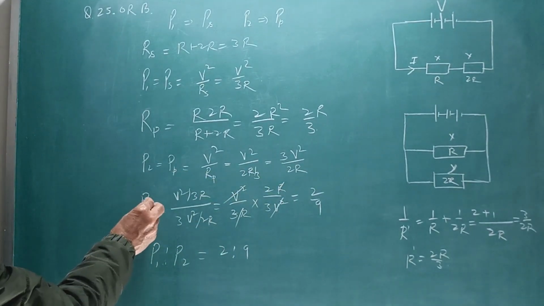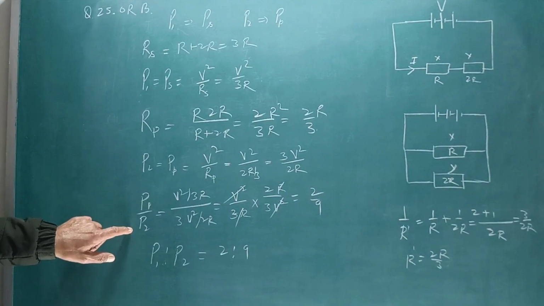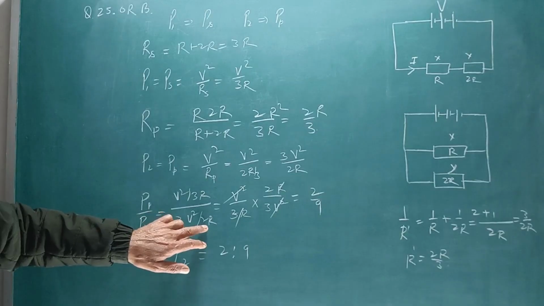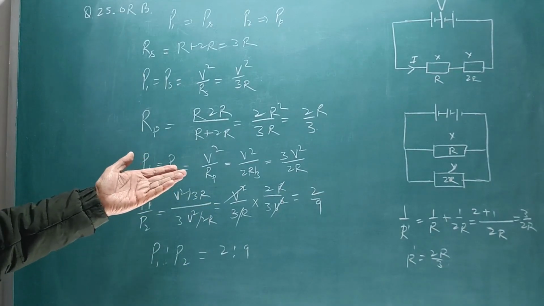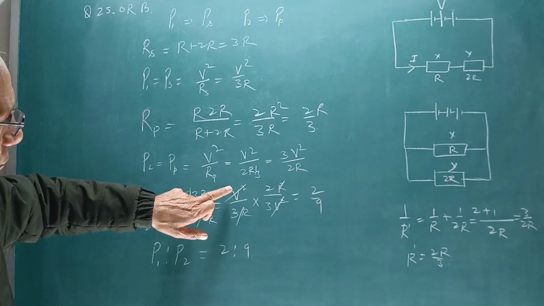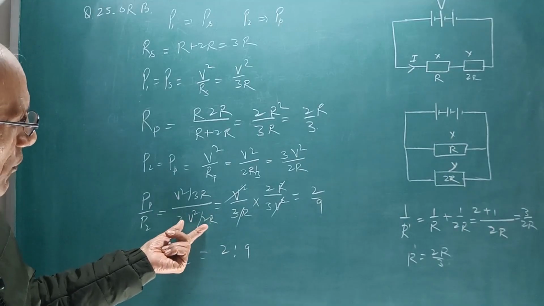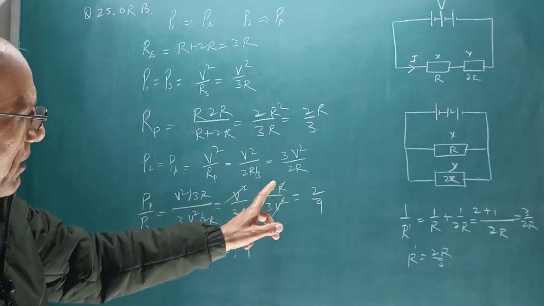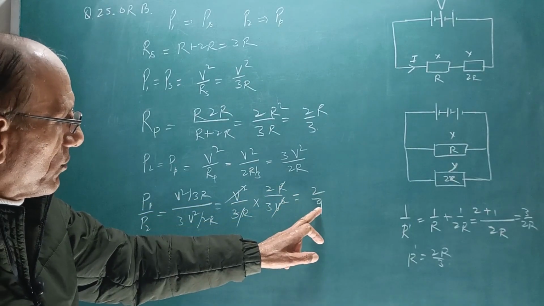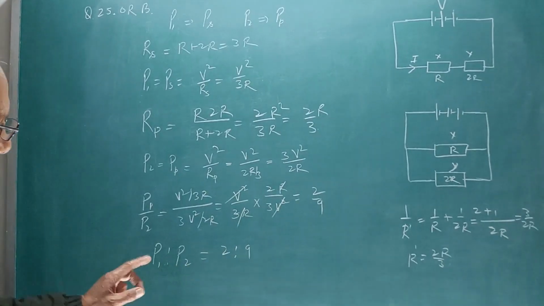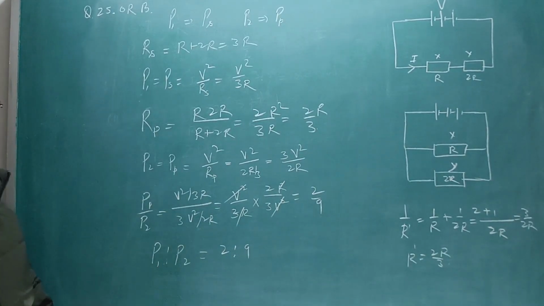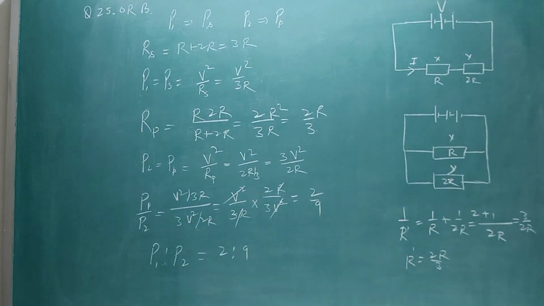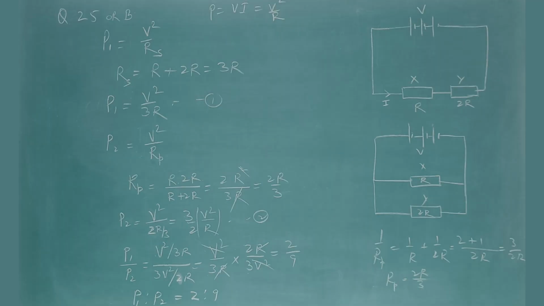So this 3 goes up, 3V square by 2R. Now we have to find the ratio of P1 and P2. So P1 upon P2 will be V square upon 3R divided by 3V square upon 2R. Just reciprocal, so V square upon 3R, reciprocal gives 2R upon 3V square. V square will cancel out, R will cancel out, and you will get 2 by 3 threes are 9. So P1 ratio P2 is equal to 2 ratio 9.